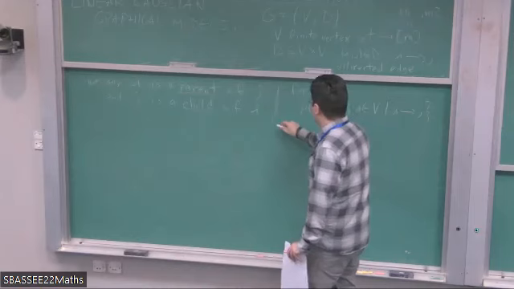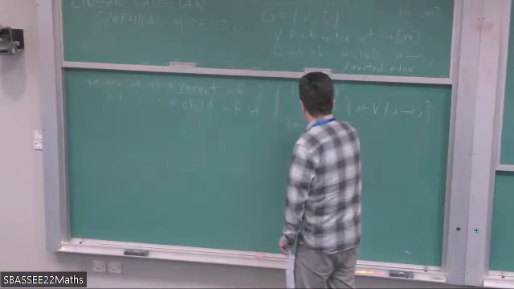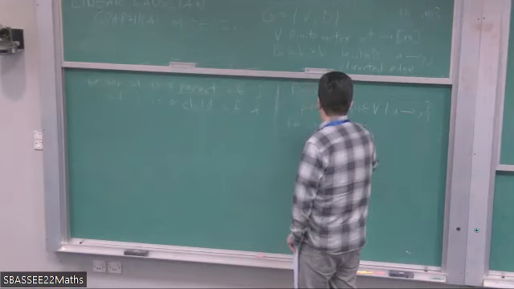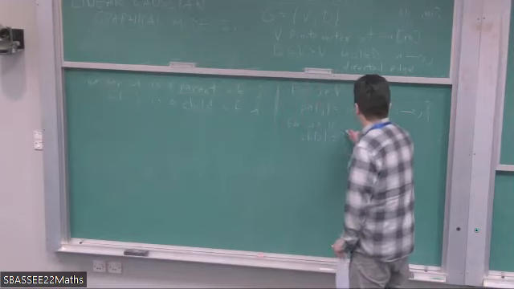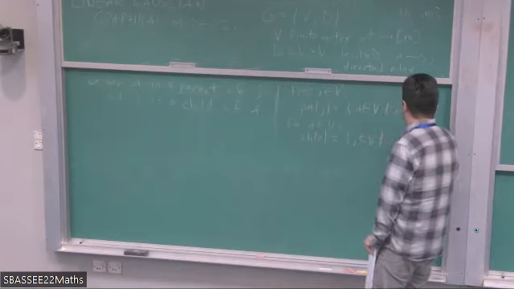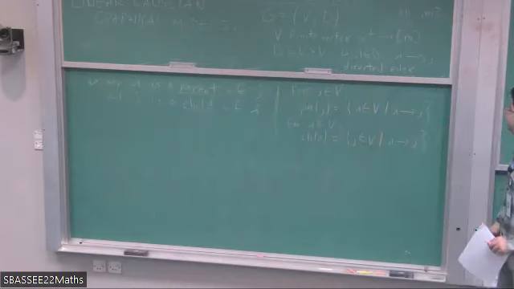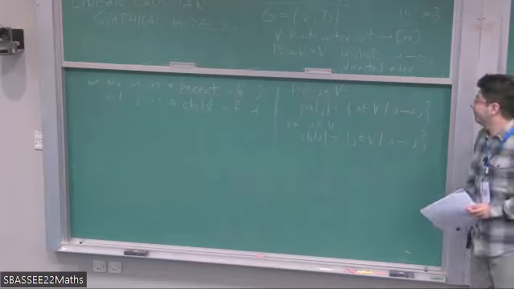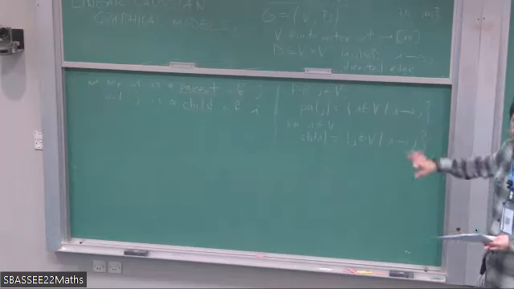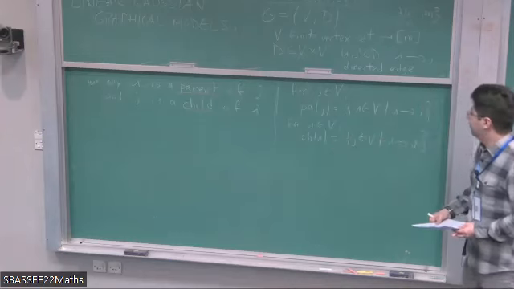And analogously, the children of i is all the nodes that have the receiving endpoint. Okay, so is it clear? So this is the set of parents and the set of children.